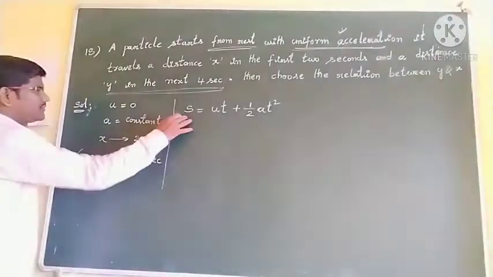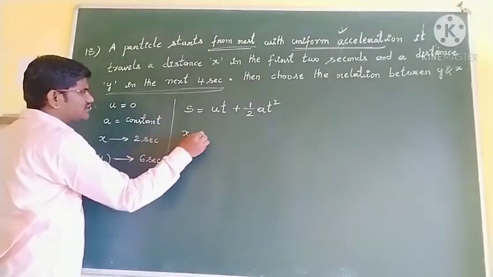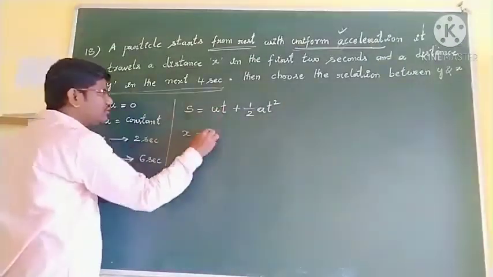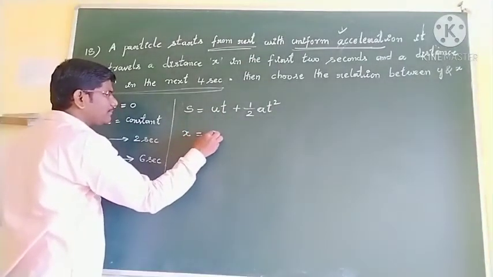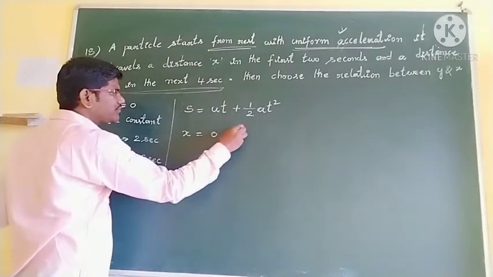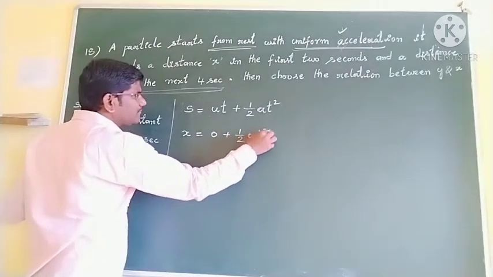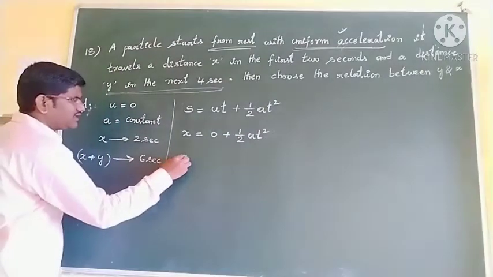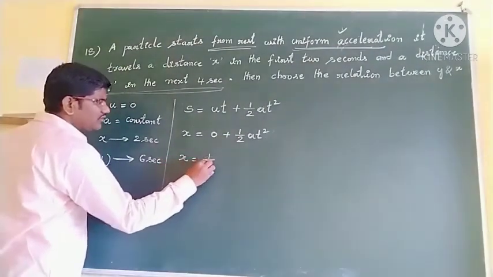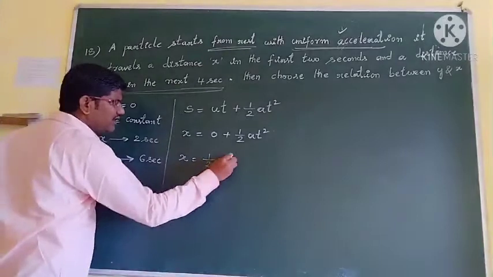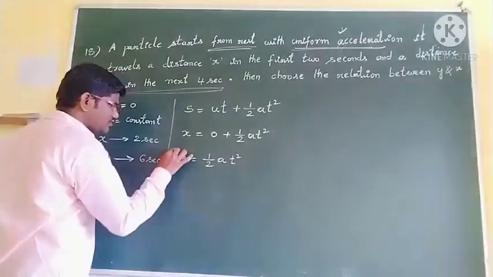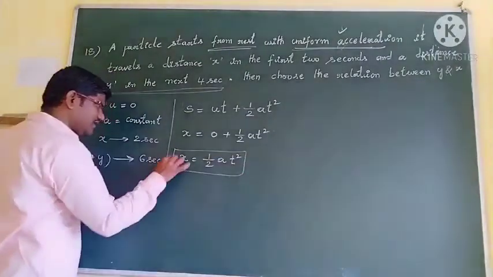So displacement s is equal to x and initial velocity is 0, so you write here also 0. So we are getting x is equal to 1 by 2 a t square. This is the displacement for t seconds.